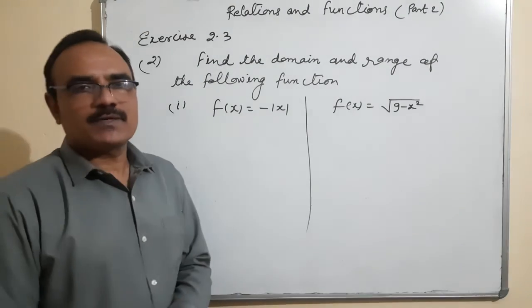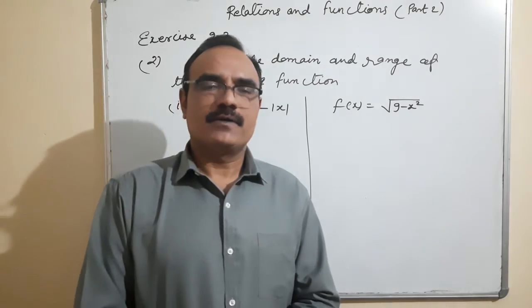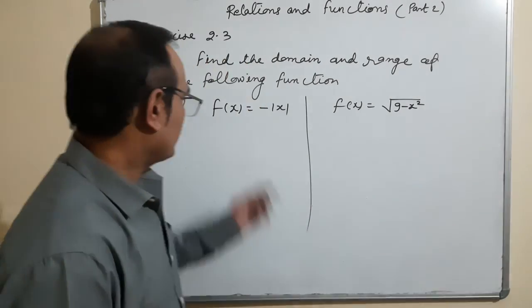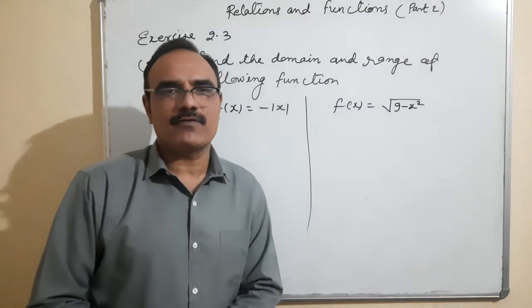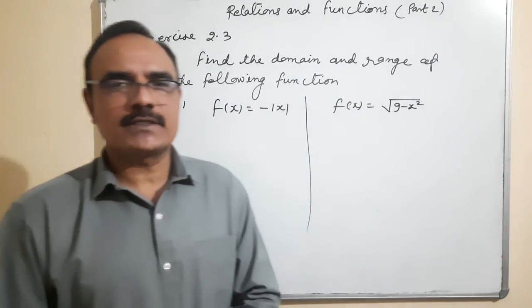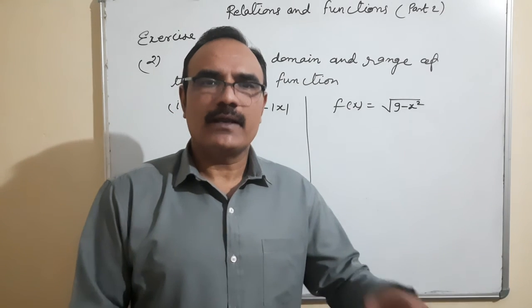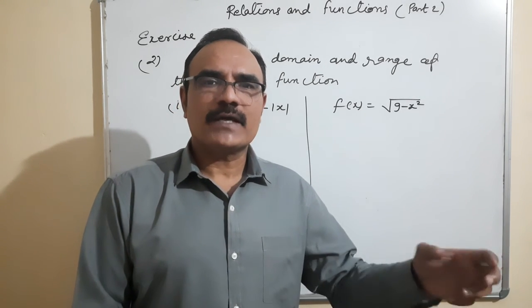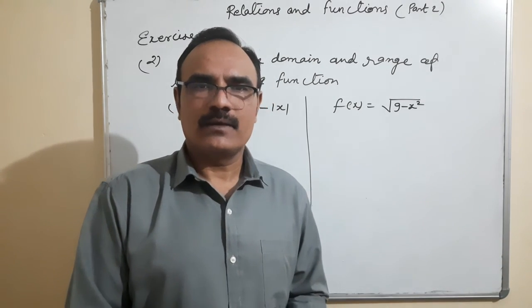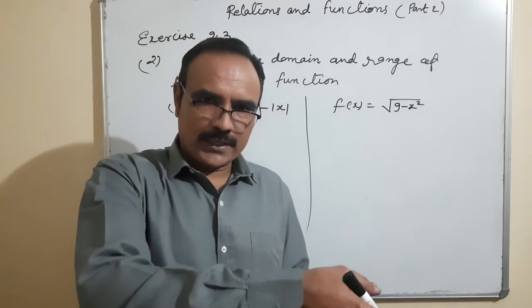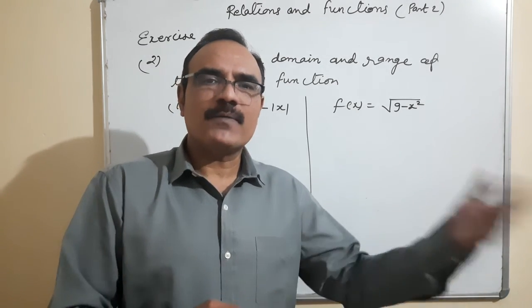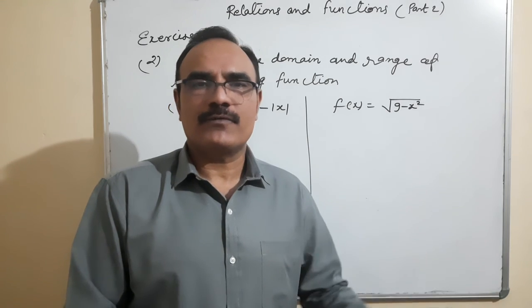We will first understand the meaning of domain and range. Whenever a function f(x) is given, always remember that x is the input into a factory and f(x) is the output, the product of the factory.